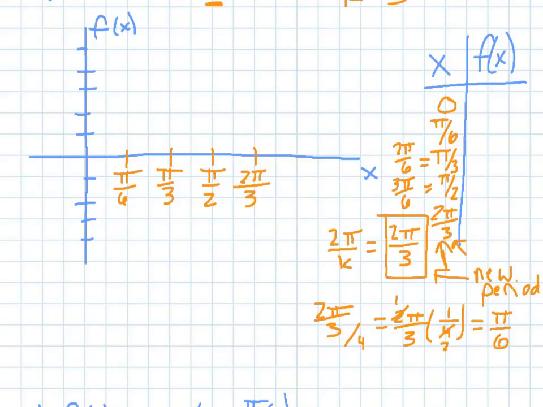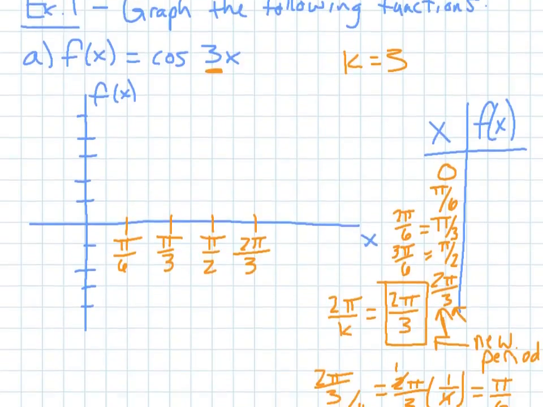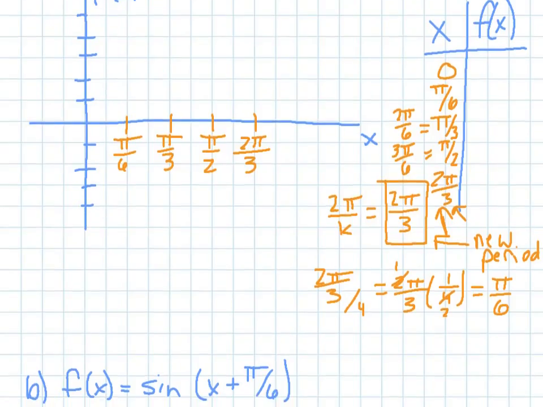Always label. So if I plug in 0 to my function here, cosine of 3x, let's do a little work over here. So cosine of 3 times 0, 3 times 0 is 0. Cosine of 0 is going to be 1, like it has been before.